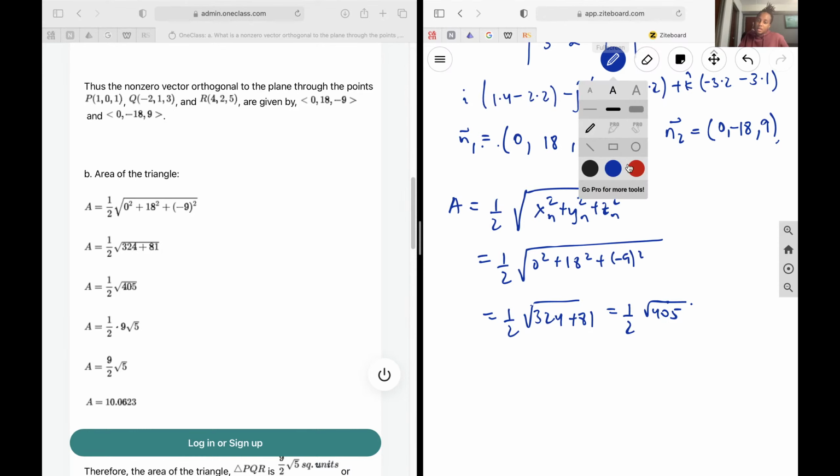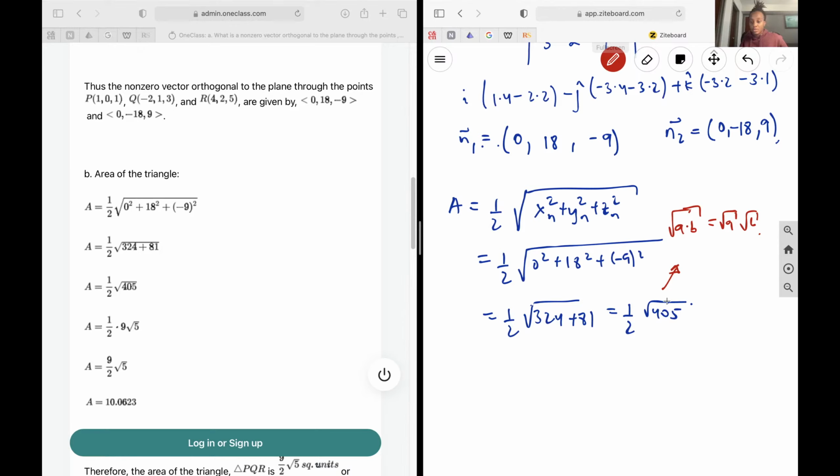We're going to use some square root properties in order to simplify this. The square root of a by b is equal to the square root of a multiplied by the square root of b. So I'm going to write this as a product of two numbers, and I'm going to choose them wisely such that one of them is a perfect square.